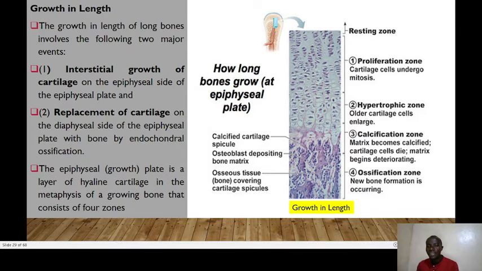Then you have the calcification zone: the matrix becomes calcified, cartilage cells die, and the matrix begins deteriorating. Lastly, we have the ossification zone, where new bone formation occurs. The calcified cartilage forms spicules, the osteoblasts deposit the matrix, and osseous tissue covers the cartilage spicules.